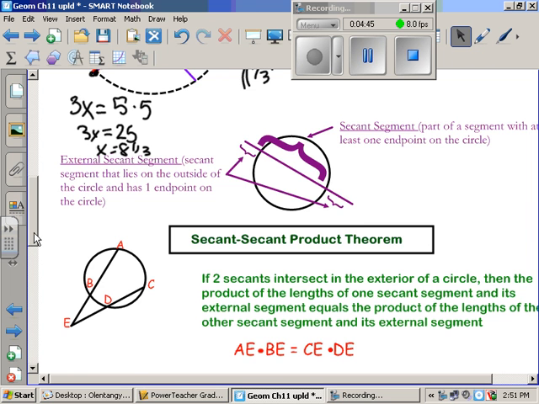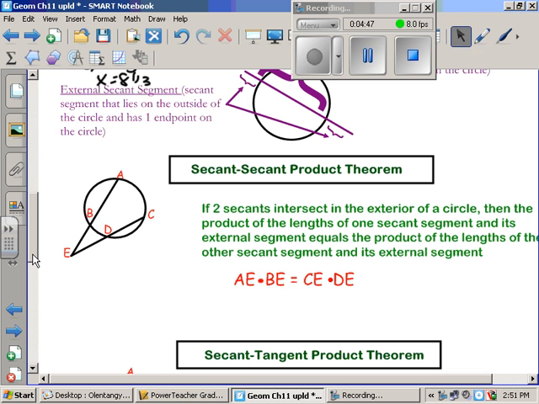All right, so the secant product theorem says that if you've got two secants, which we do here, everybody see they both start at E, and then they go through the circle at B and A here and D and C here. The product of the whole secant times the external secant segment is equal to the whole other secant times its external secant segment.